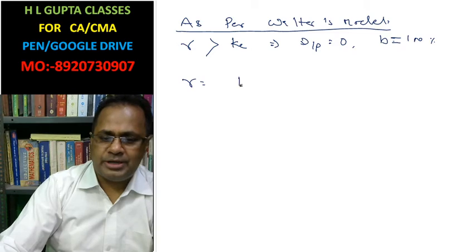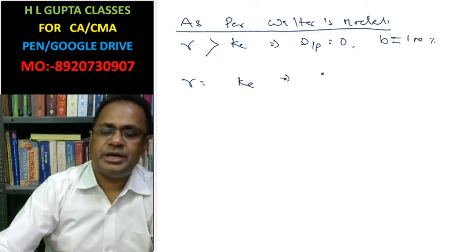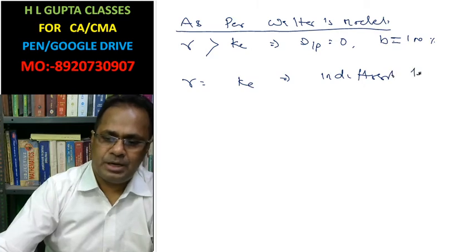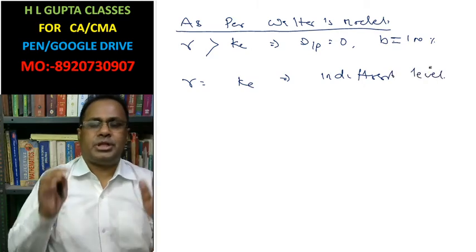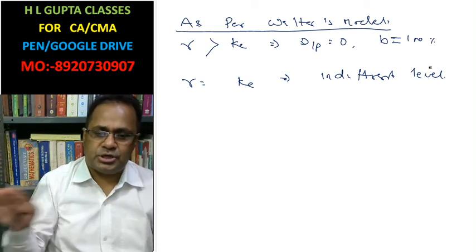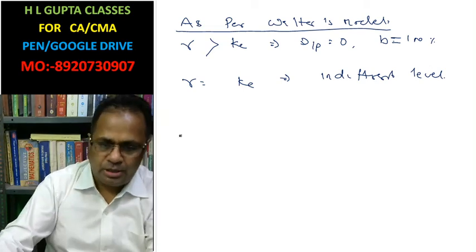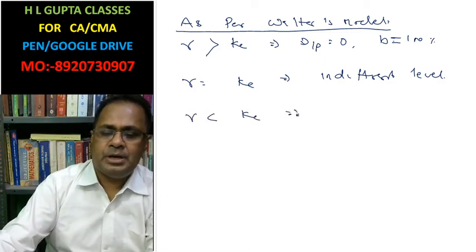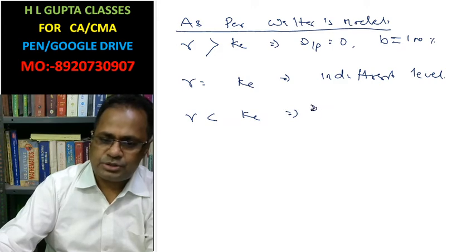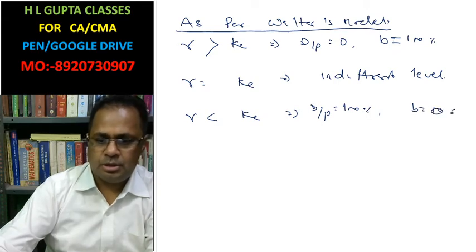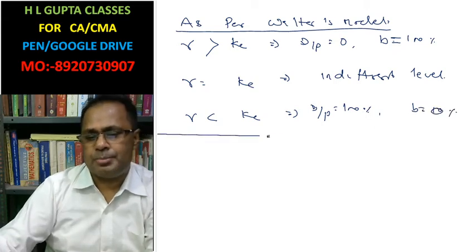If R equals KE, this is the indifferent level. Indifferent level means whether you pay dividend or not, the market price per share does not change. If R is less than KE, the dividend payout ratio should be 100%, and the retention ratio should be 0%. This is the optimal dividend payout ratio.